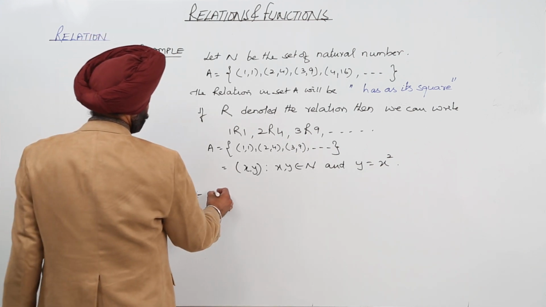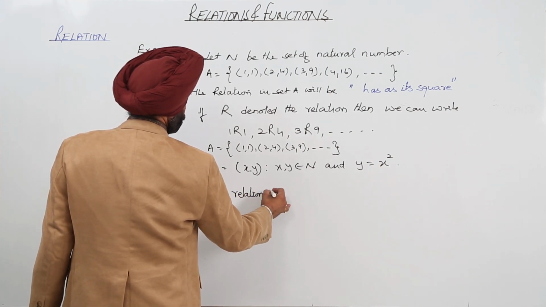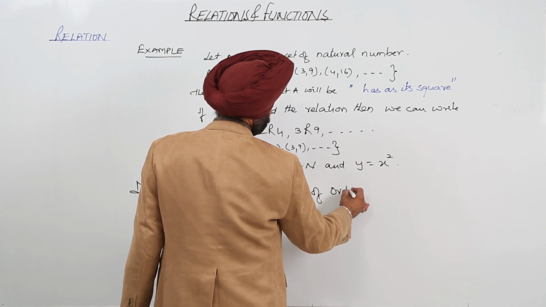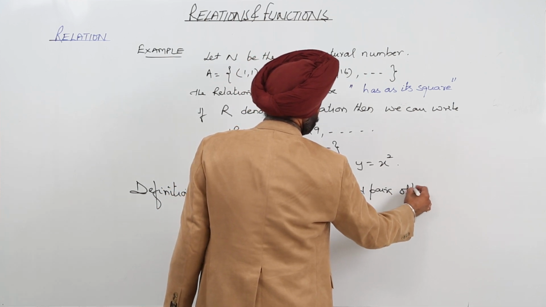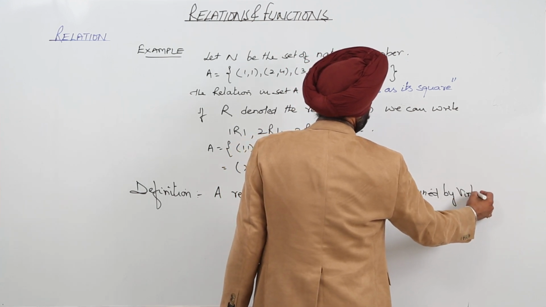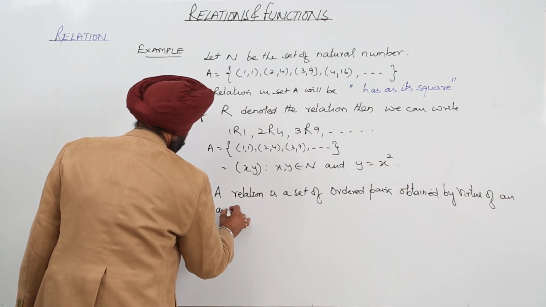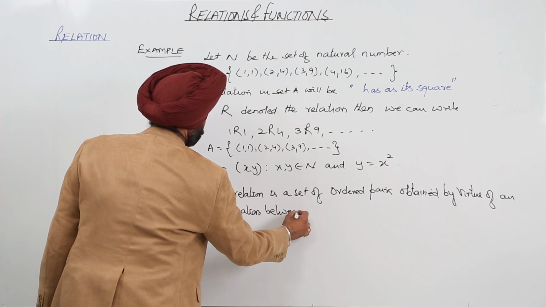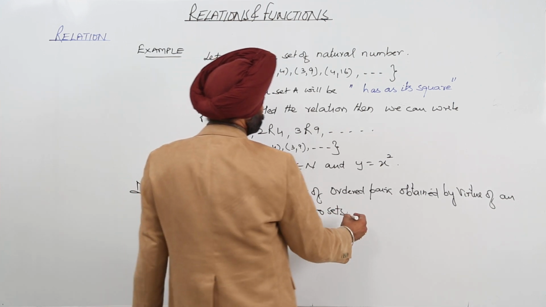So a relation is a set of ordered pairs obtained by virtue of an association between two sets.